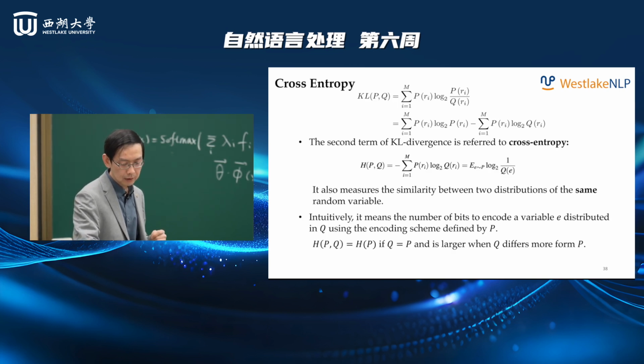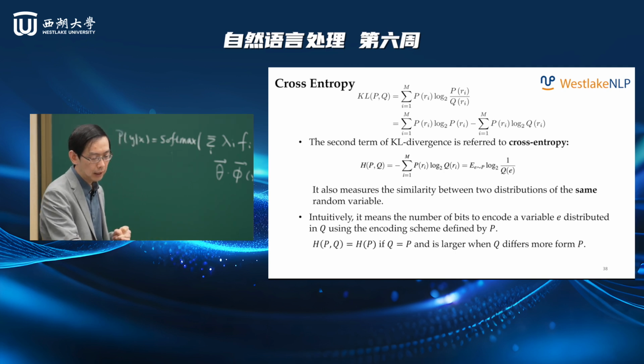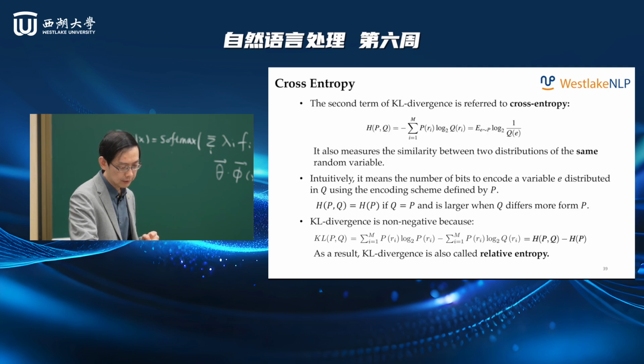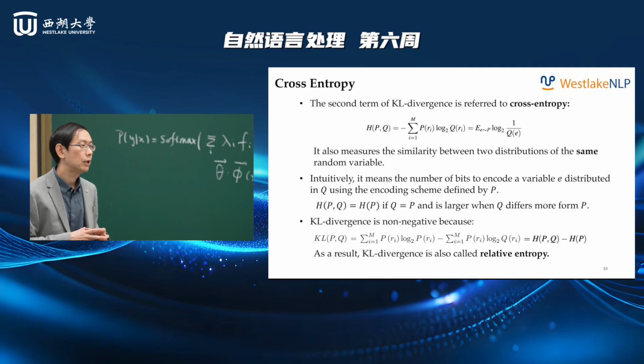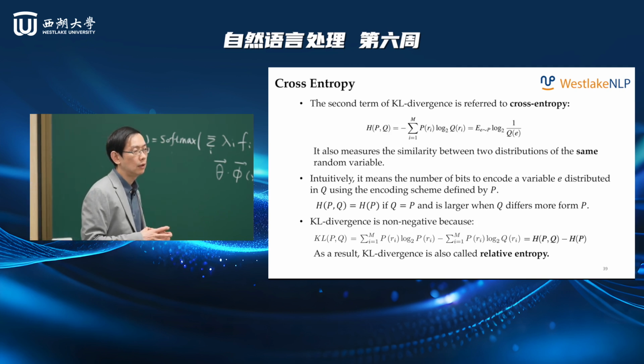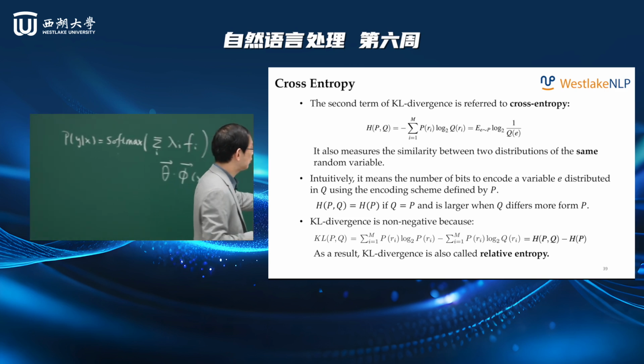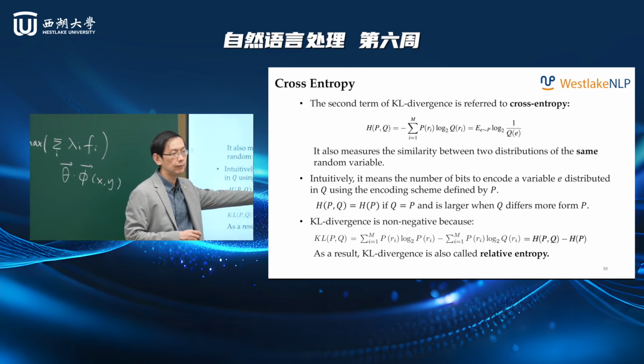And when P and Q are the same, H(P,Q) is equal to H(P), it's the minimum. All right. So the second thing, because H(P,Q) is always larger than H(P), this KL divergence is equal to H(P,Q) minus H(P).